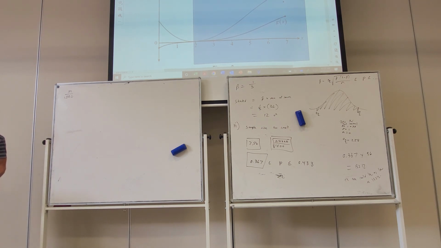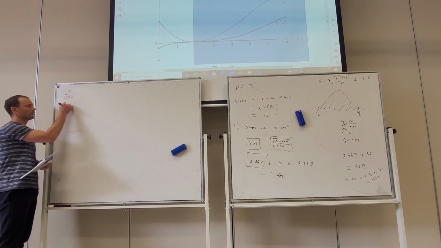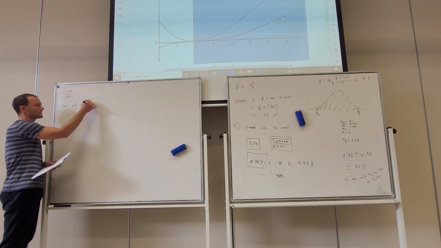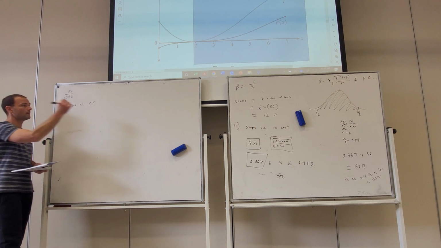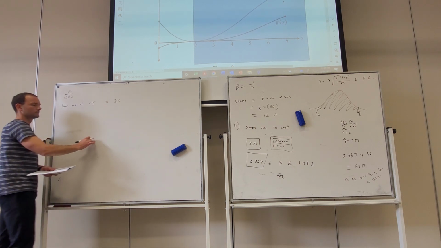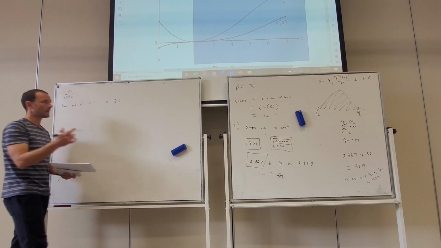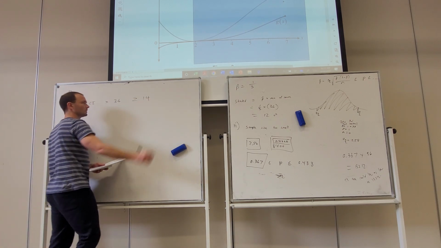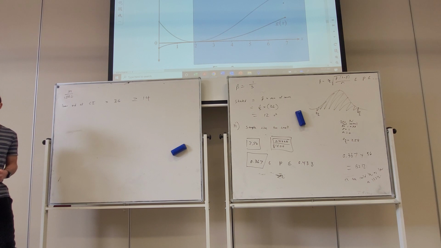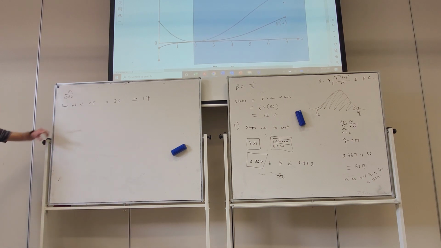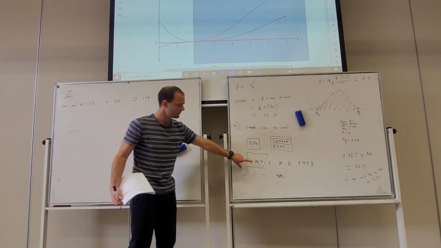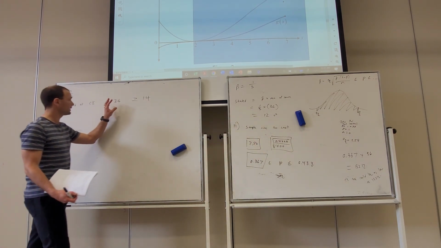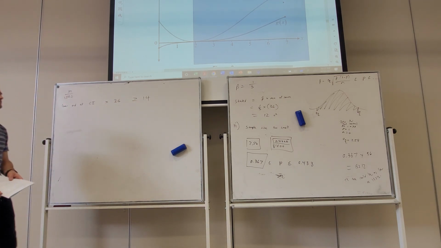Now we want to support the student's claim. If we support the student's claim, it means the lower end of the confidence interval, multiplied by 36, is greater than or equal to 14. The lower end of the confidence interval, which is the lowest the probability could possibly be, multiplied by the area, is greater than or equal to 14.